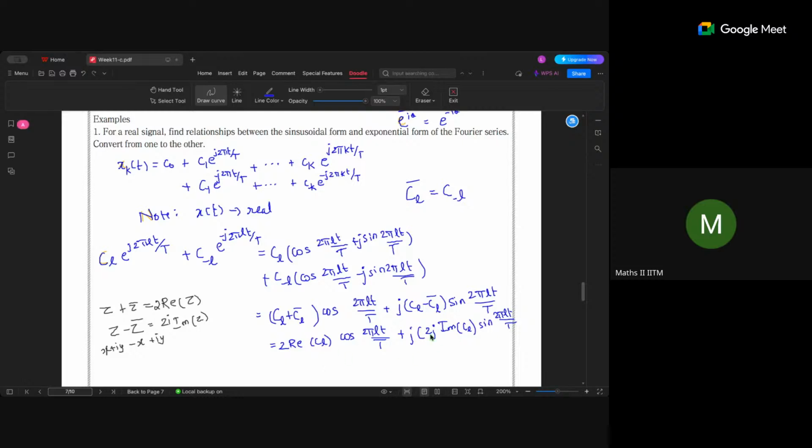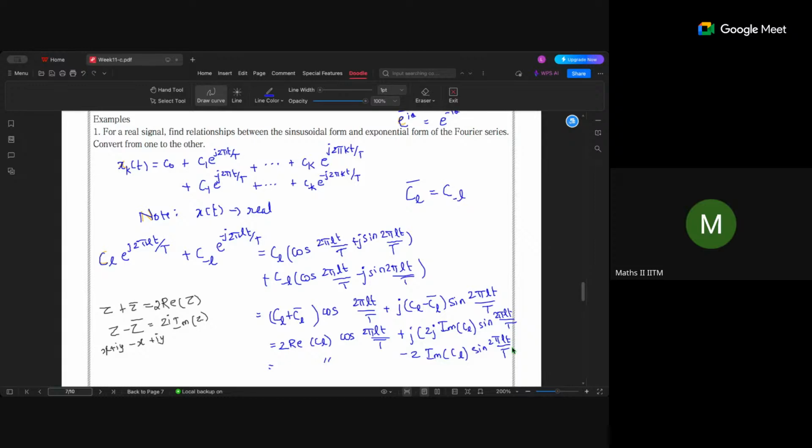Now you can rewrite this. The expression is the same, only here you have a simplification. This becomes minus 2 times the imaginary part of c_l into sin(2πlt/T).